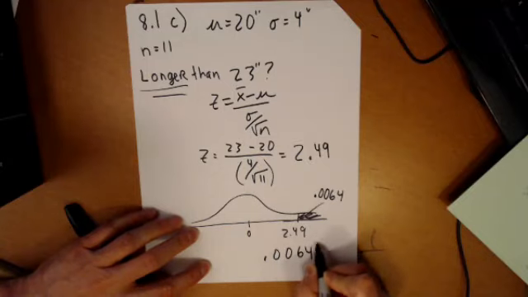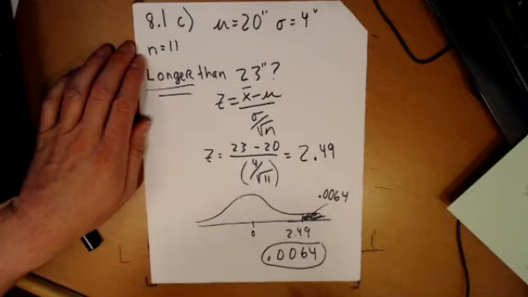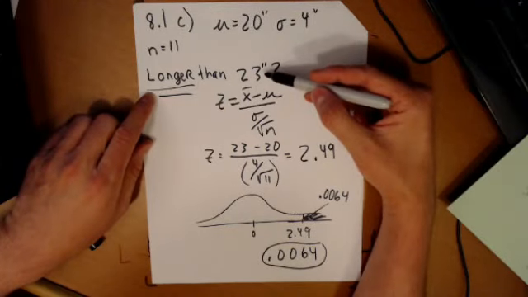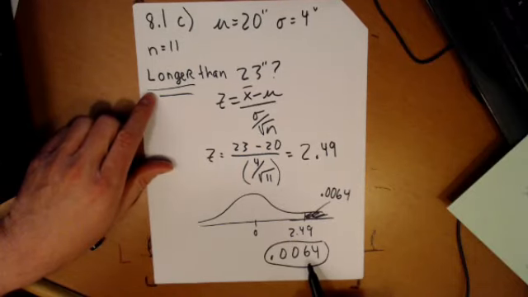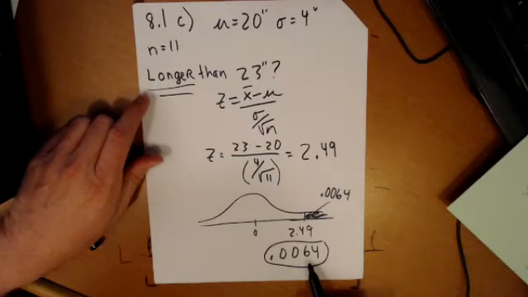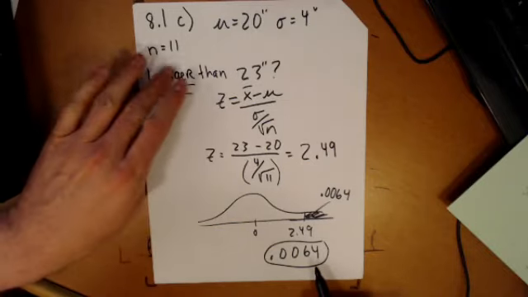So the probability of grabbing 11 salmon and their average length is longer than 23, that probability is less than 1%, 0.0064. Basically, I'm the luckiest person in the world, or something weird's going on, like this didn't really happen, or I cheated or something.